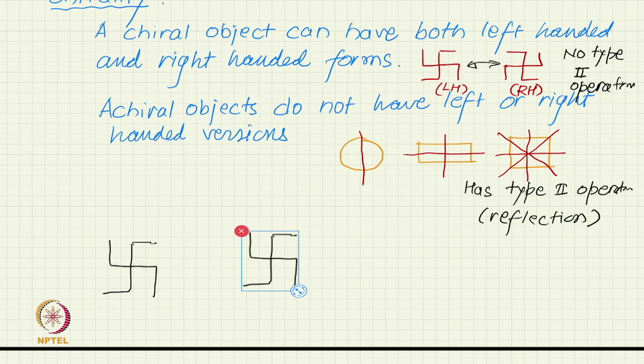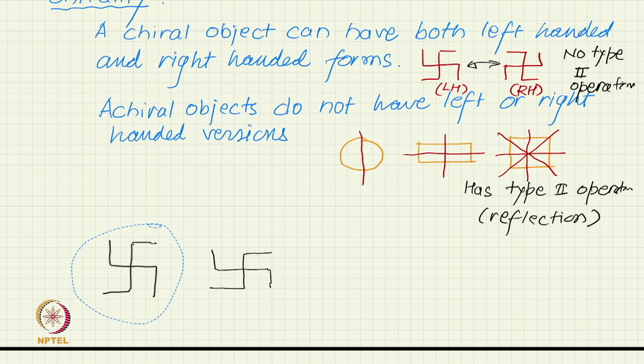See, if I copy and paste it, so it is an identical swastik, and if I rotate this like this, I have not changed the handedness, it is just a rotation, because I can rotate this also.